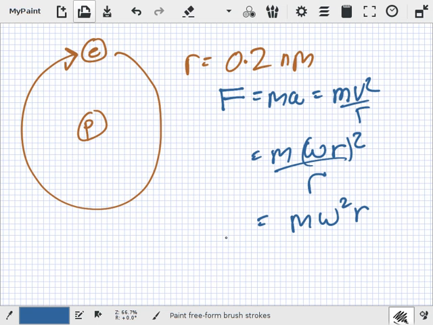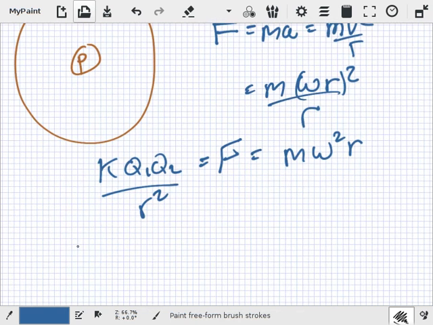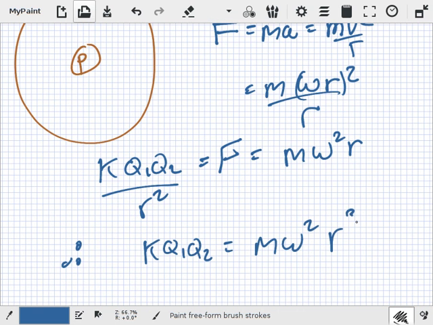That's the F. But maybe you knew that already. Anyways, Coulomb also gives us a formula for F. Coulomb says the F is K Q1 Q2 over r squared. So therefore, I can say K Q1 Q2 equals m omega squared r cubed, if I just bring that up.